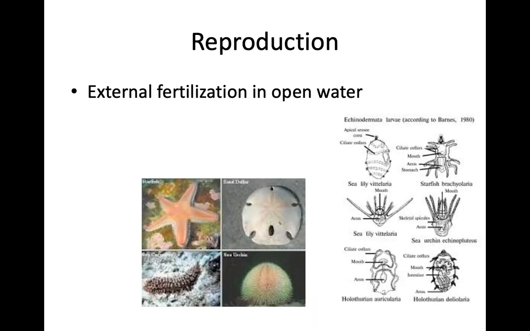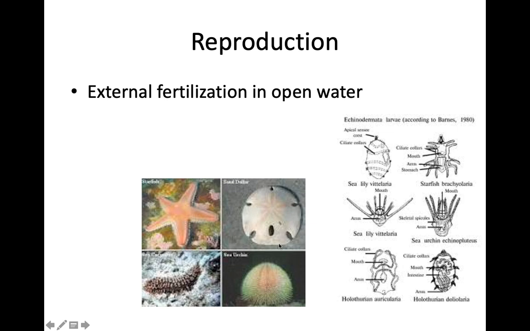Okay, reproduction. For the most part, fertilization is done externally. Echinoderms have testes that will produce sperm and ovaries that will produce eggs. Both of these types of gametes get released into open water, and then they come together, and that's where fertilization takes place, outside of the organisms.